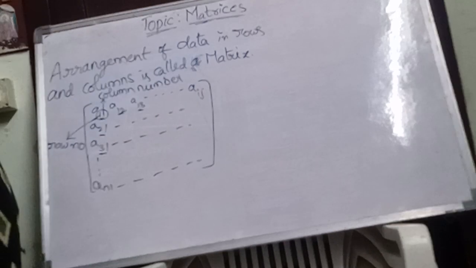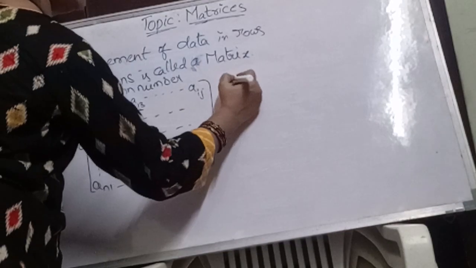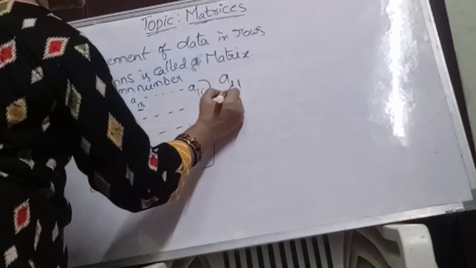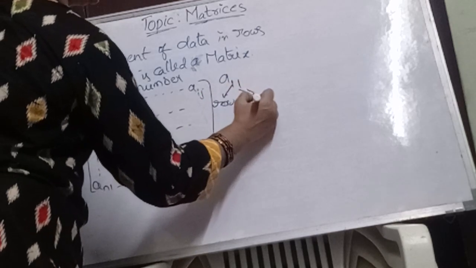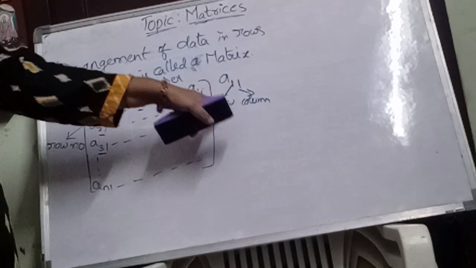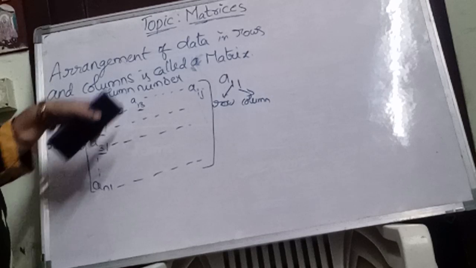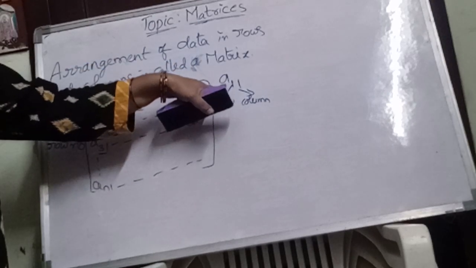A11 denotes this one row and this one column. Number of row and number of column. Like this we identify. This is an element in the matrix, and this is one full matrix.